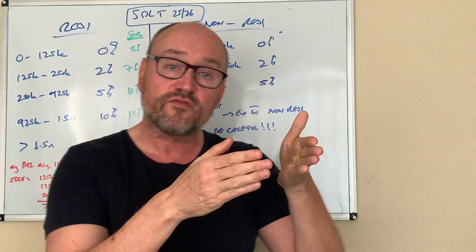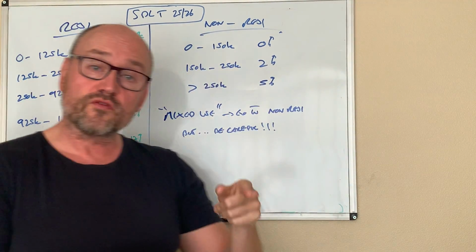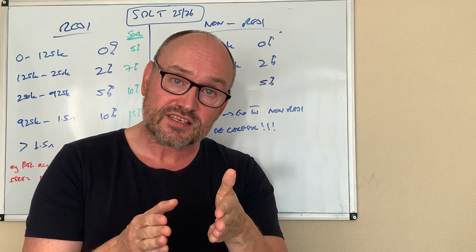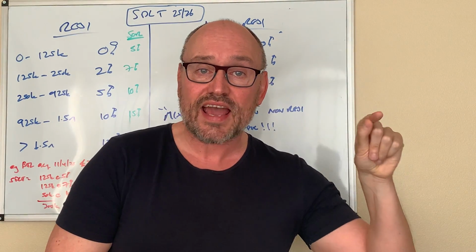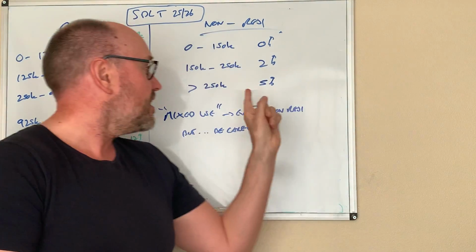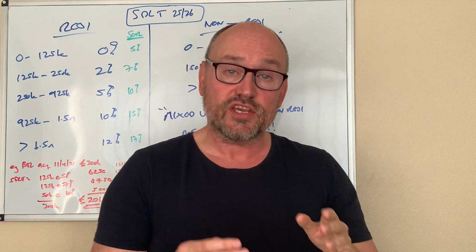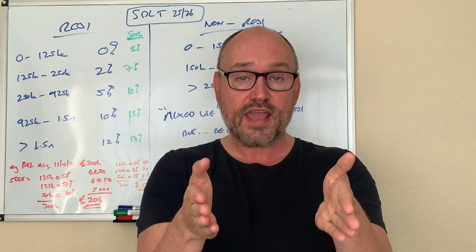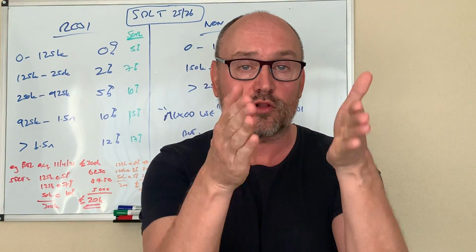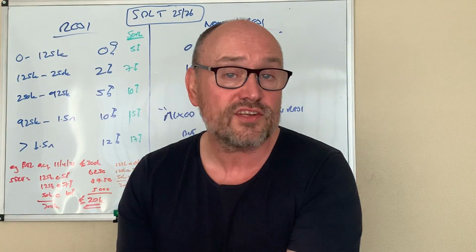Then we go from 150 to 250, 2% in that band. In excess of 250k for a commercial property, 5% SDLT. So it's a lot better if you acquire a commercial property over a residential property.